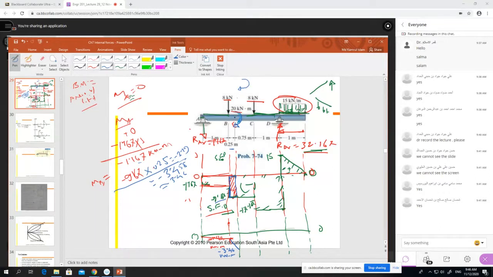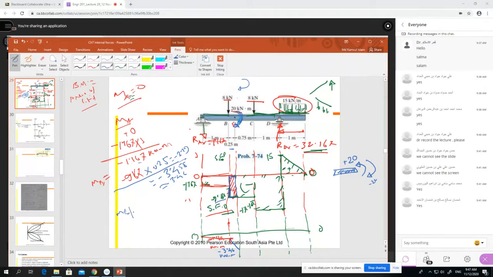So externally it is giving the clockwise moment. But when the body resists this, it will create the opposite moment. So the bending moment will create the plus; it is minus 20, but it will be plus 20 in that case.